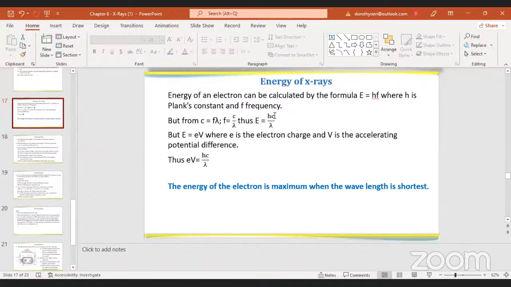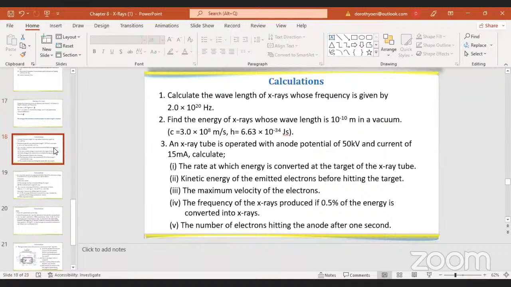You have to get your wavelength, you have the frequency, so you must combine two equations. Because what you have is wavelength, so you must get frequency.